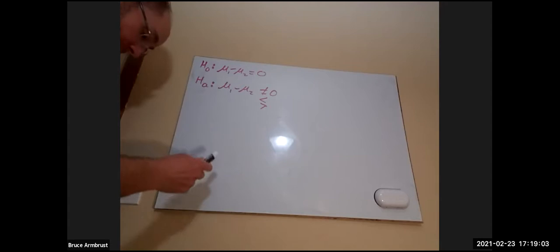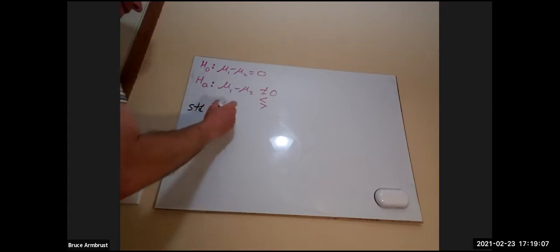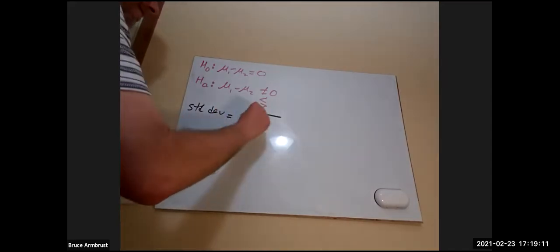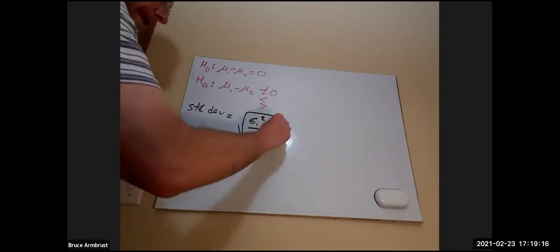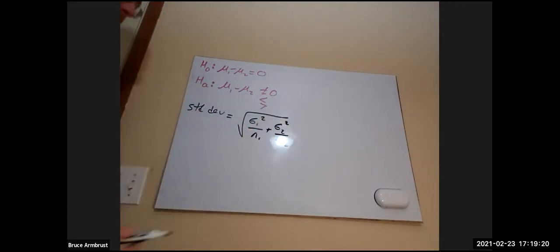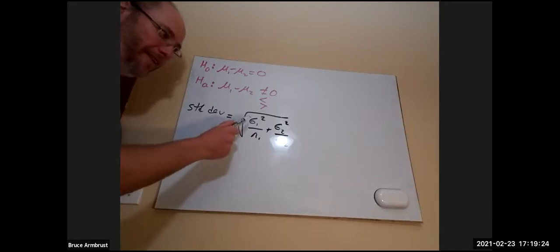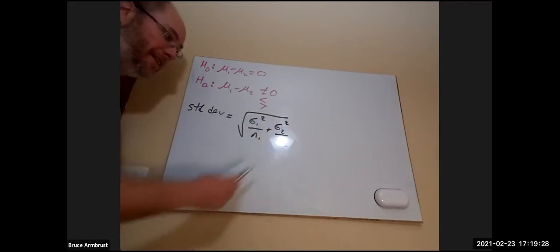All right, so here's your standard deviation. If you actually wanted to calculate the standard deviation here, what you have to do is this. You take the population standard deviations, square them and divide by your sample sizes, and then take the square root.